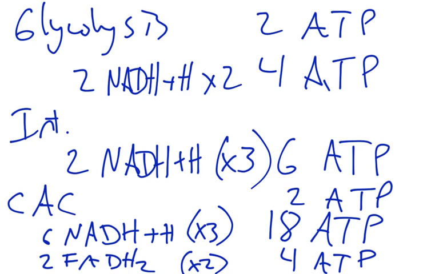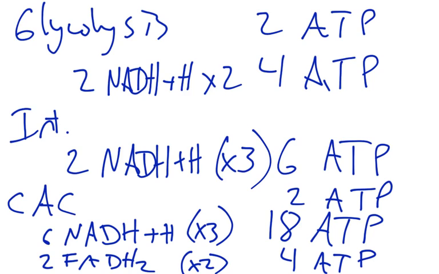So at the intermediate step we get 2 NADH, and you times that by 3, you get 6. And then at the citric acid cycle, you get 2 ATP directly, just through the process. And then you get 6 NADH times 3 is 18. And then 2 FADH2 times 2 is 4.